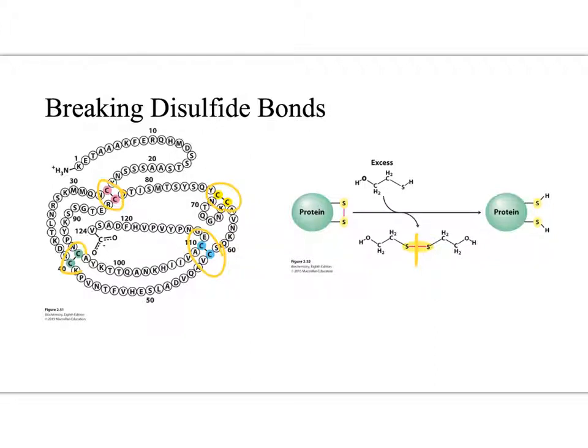So we're reducing the disulfide bond, and as the disulfide bonds are reduced, that beta-mercaptoethanol is going to be oxidized. Being able to go through the process of taking this three-dimensional structure and breaking it down allows us to get information on the amino acid sequence, or that primary structure, and then that's going to allow us to learn about protein folding.